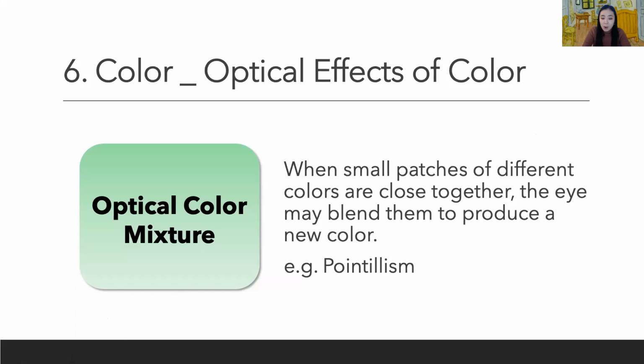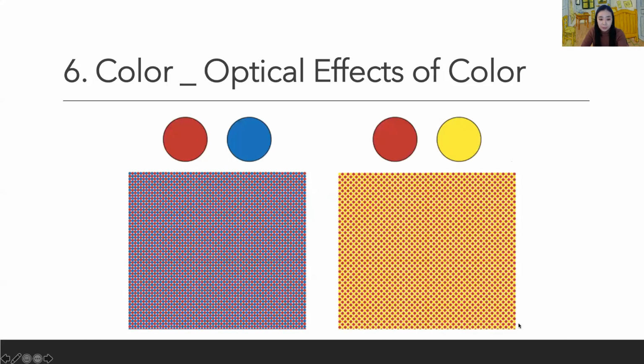When small patches of different colors are close together, the eye may blend them to produce a new color. Pointillism is using this technique. Let me show you an example. So let's see the examples of optical color mixture.